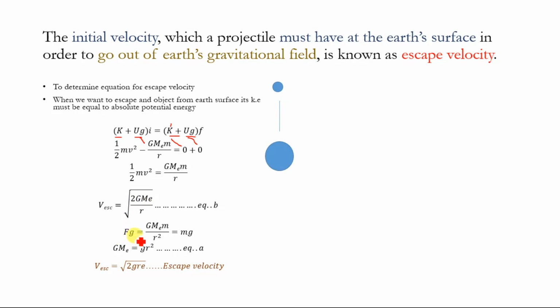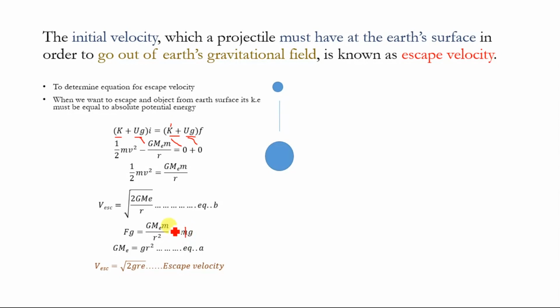According to gravitational force, we know that the gravitational force Fg is equal to G Me m / r², where G is the gravitational constant, Me is the mass of Earth, m is the mass of the object, and r² is the square of the distance between those two objects. Here, force is also defined as the weight of the object, which is mg.